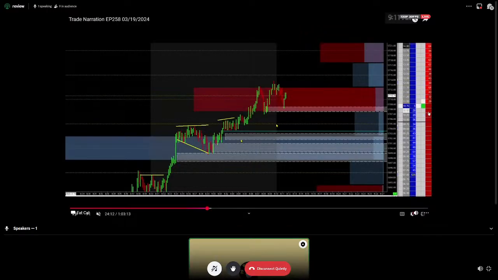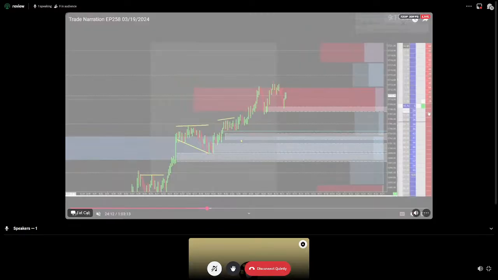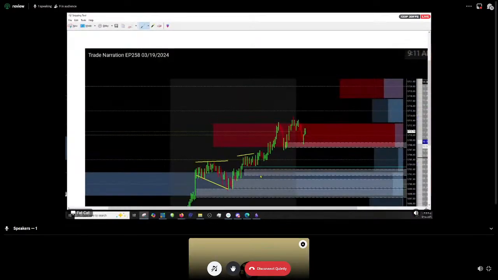So nail it on the right side of the V. Again, 30-minute breakout. 30-minute range breakout.